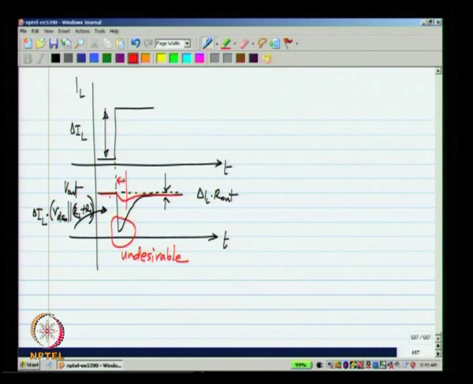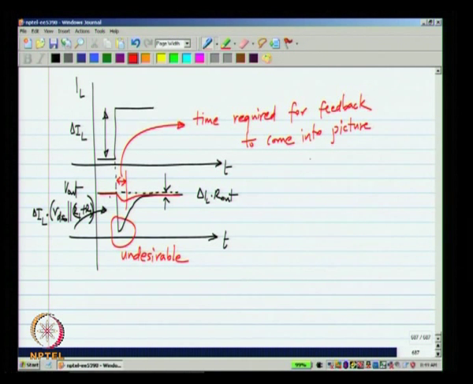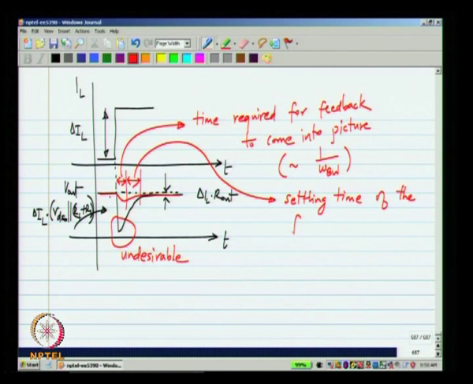So, roughly speaking, this is the time required for feedback to come into picture, and this is related to the inverse of the bandwidth of the amplifier, and after that it takes some time to settle, and that is related to the settling time of the feedback loop.